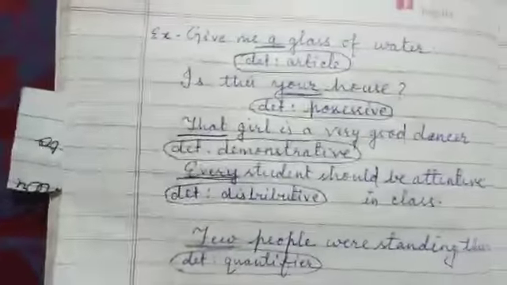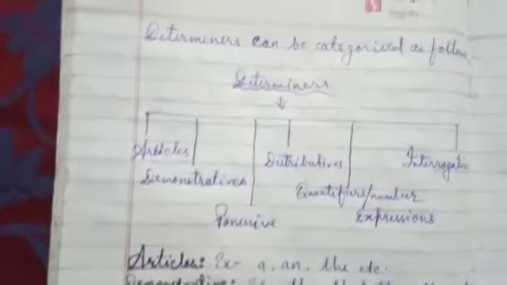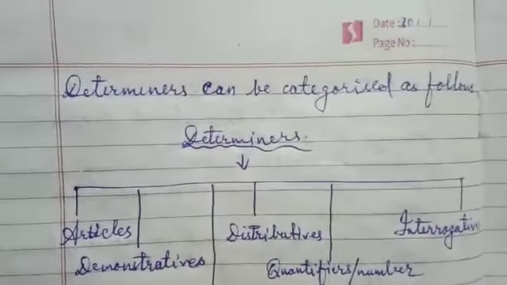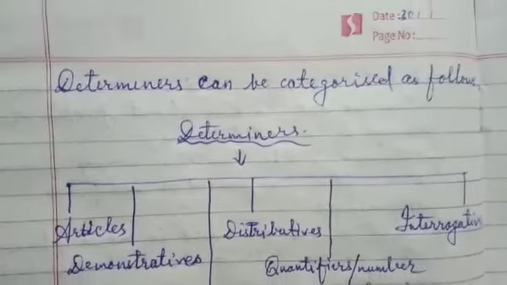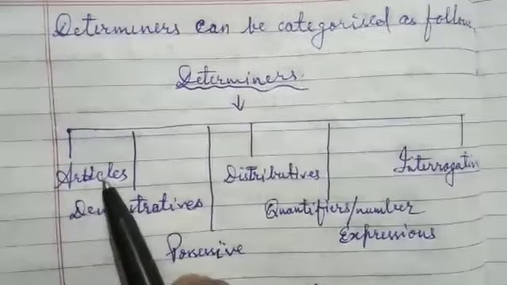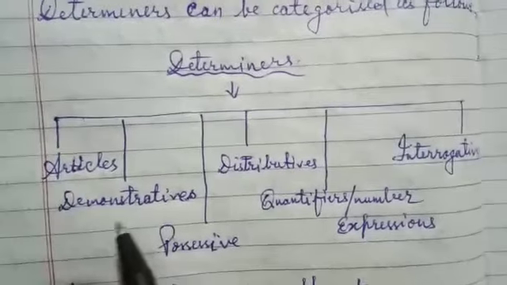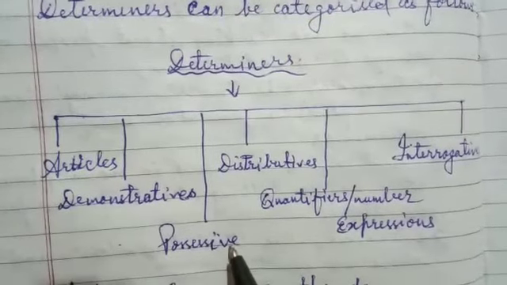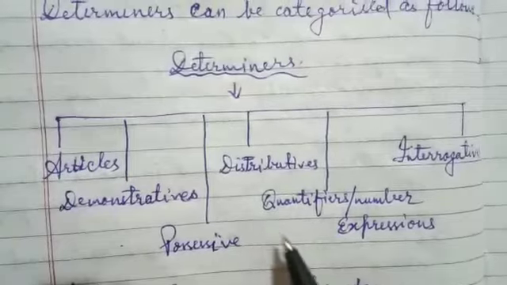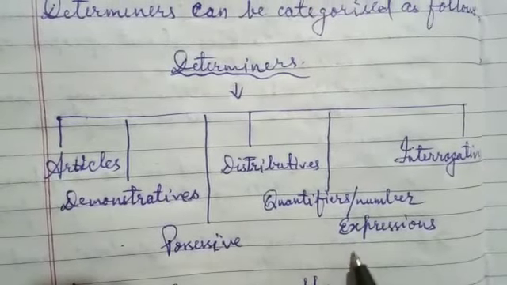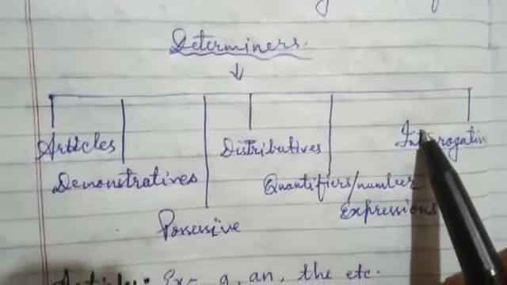Now determiners can be categorized as follows. First, articles. These things come under determiners: articles, demonstratives, possessives, distributives, quantifiers, number expressions, interrogatives.